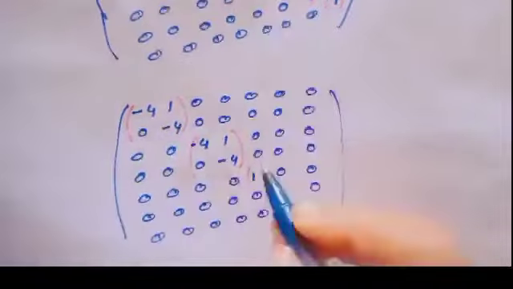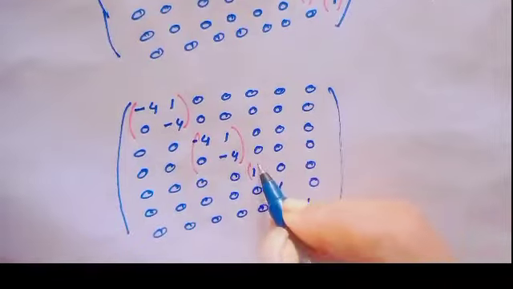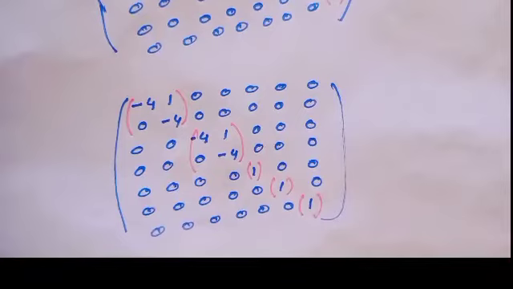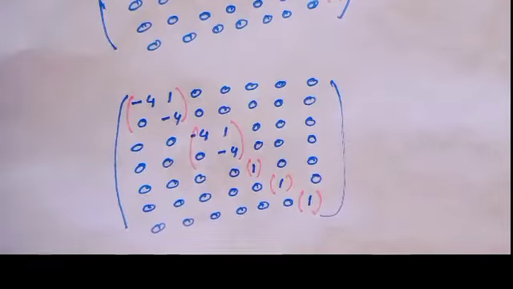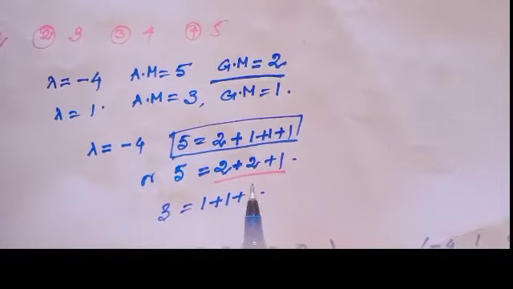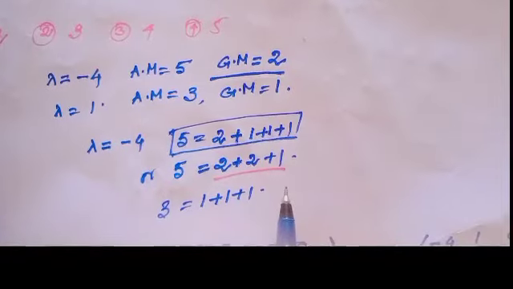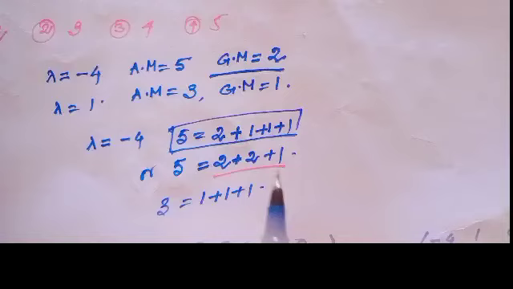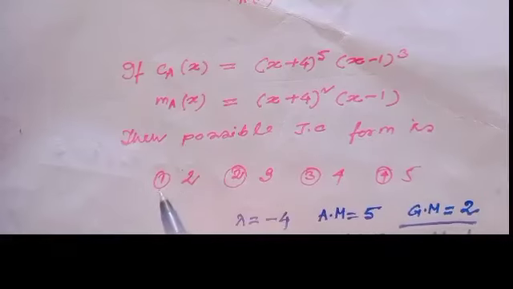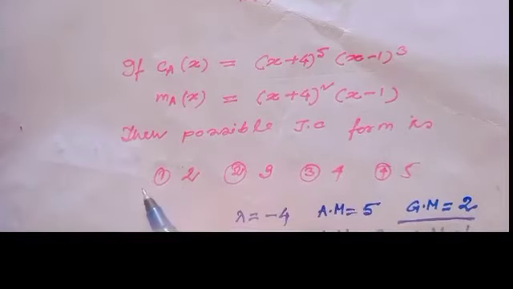That means for lambda equal to 1, there exist 3 Jordan blocks of degree 1. Are you getting? By the partition method, we can easily tell how many Jordan blocks exist. Okay. That means the possible number of Jordan canonical forms is 2.